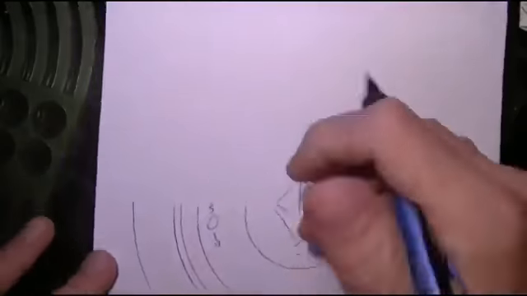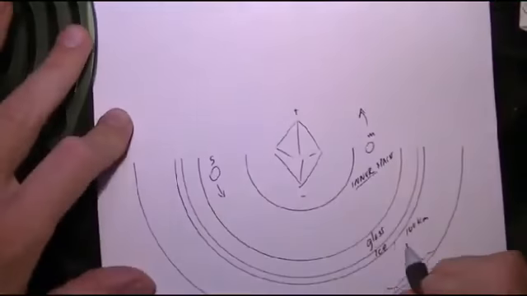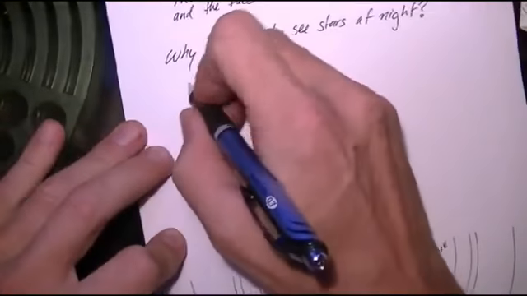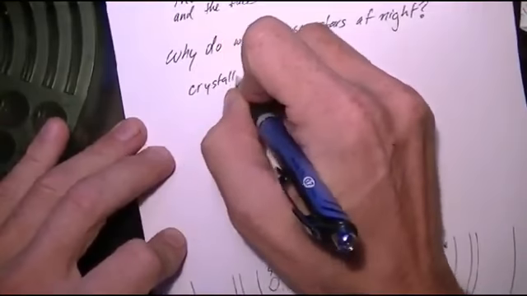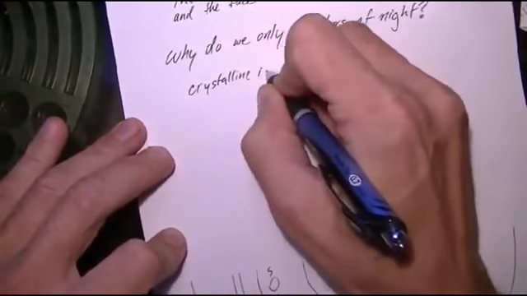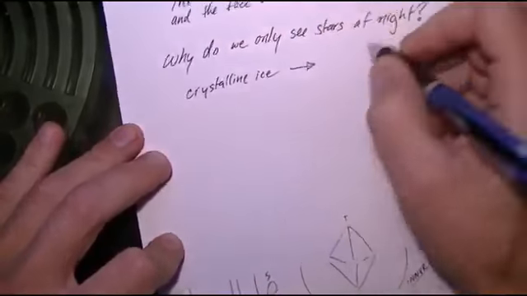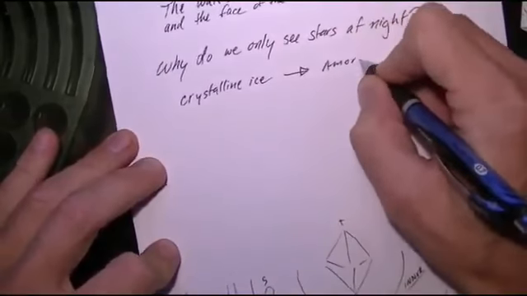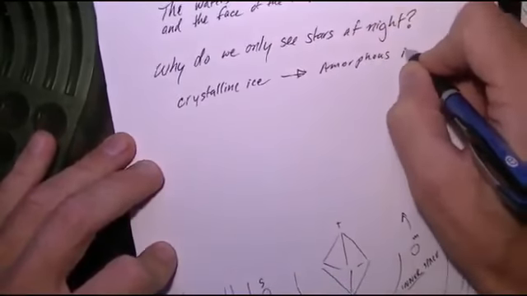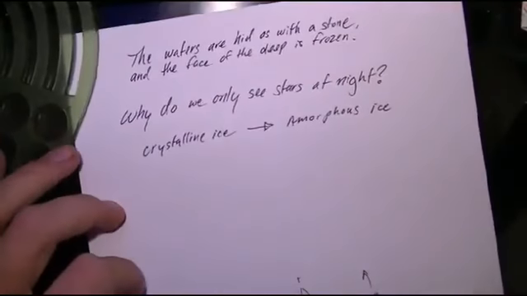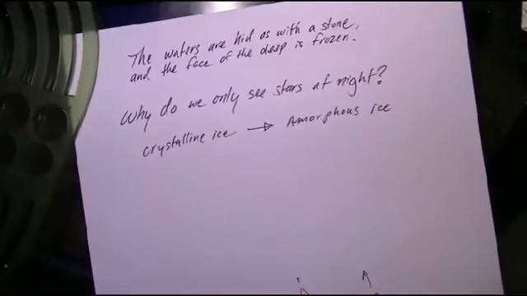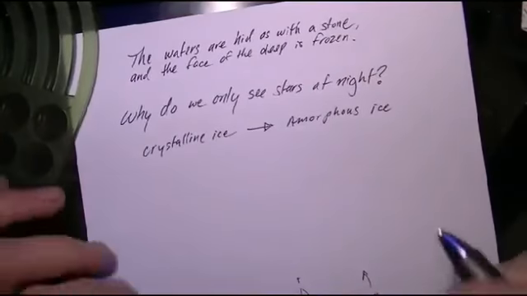What's happening is there's a transition, because this ice transitions between crystalline and amorphous. Now, amorphous ice is generally considered ice that is like glass. It has no lattice structure. It's like a continual medium.